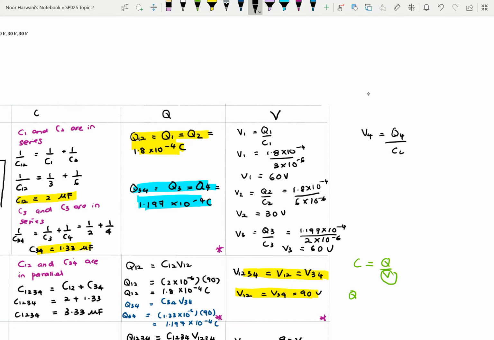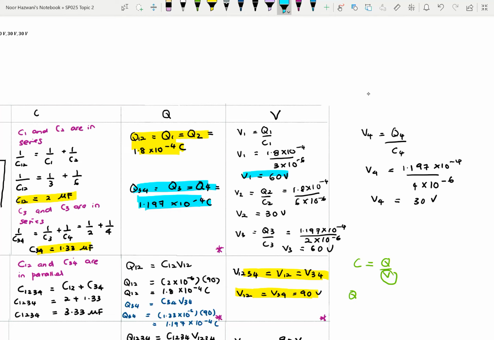You divide by C4. So, V4 adalah, okay, you dapat Q4 tadi, sama dengan Q3, 1.197 times 10 power of negative 4. You divide with C4 adalah 4 times 10 power of negative 6. And then press your calculator and then you will get 30 volt.